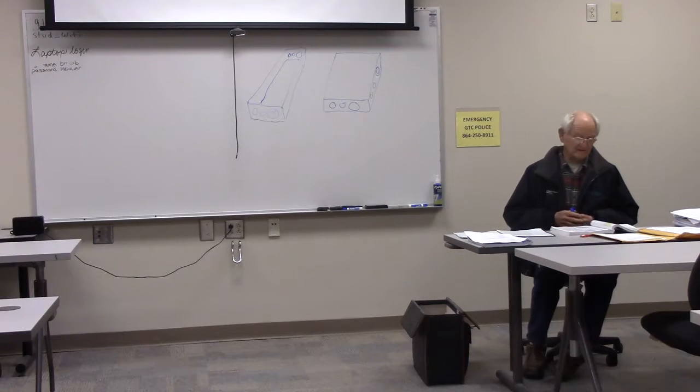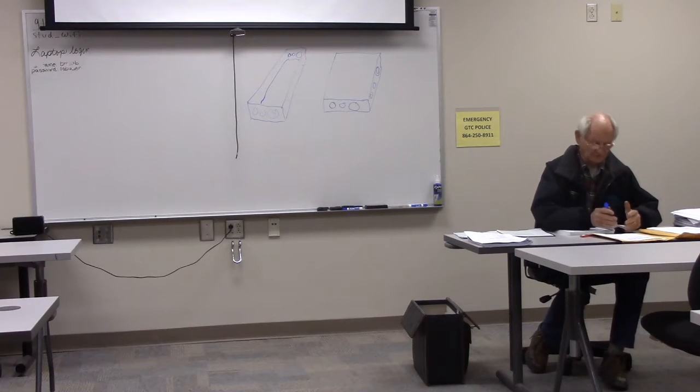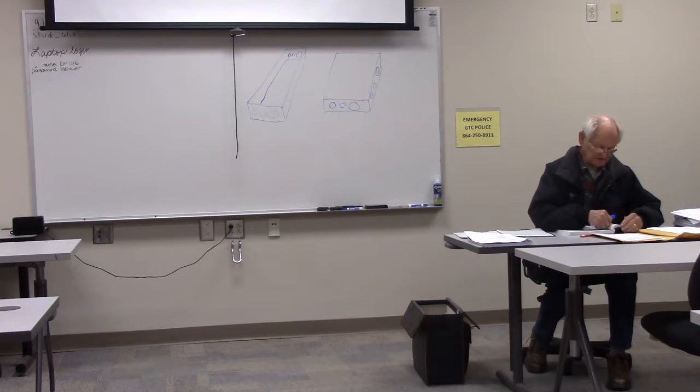All right, so remember, I'm going to go over this one more time. In straight pull, the length of the box shall not be less than 8 times the trade diameter or metric designator of the largest raceway. 8 times the biggest conduit.